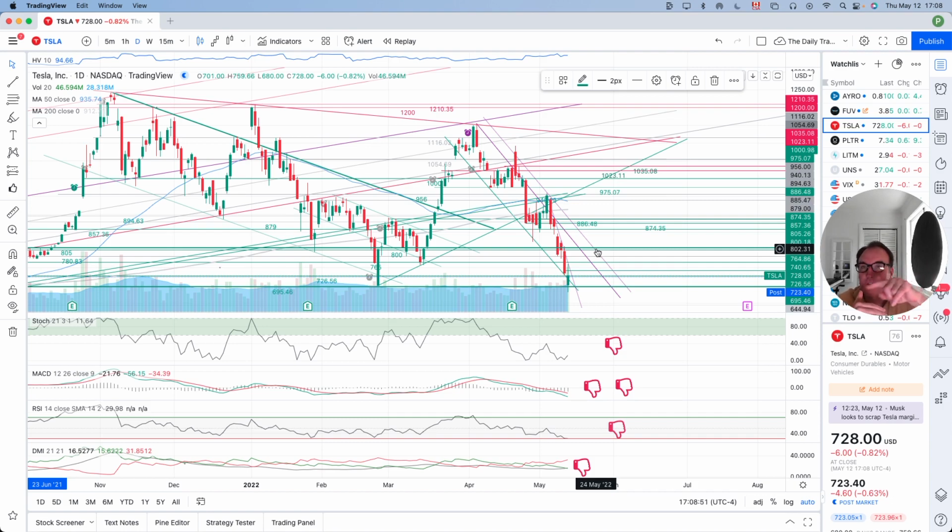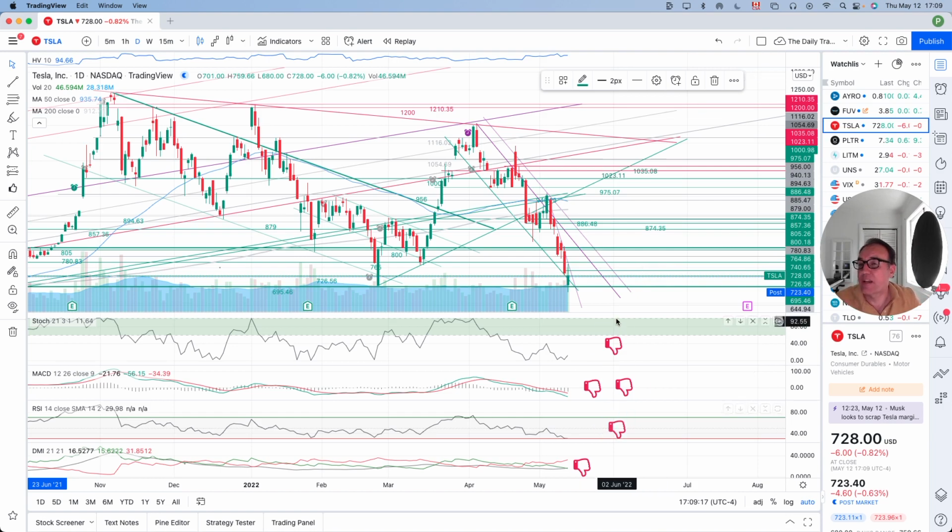And it's very hard to predict what is going to happen, because it's just noise. It does not matter. When we cross a resistance or a support, then it starts to matter. And then we start to pay closer attention, and we might even decide to make a decision and buy some stock or sell some stock or buy a call or buy a put.